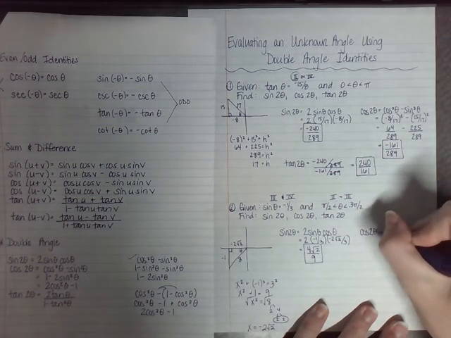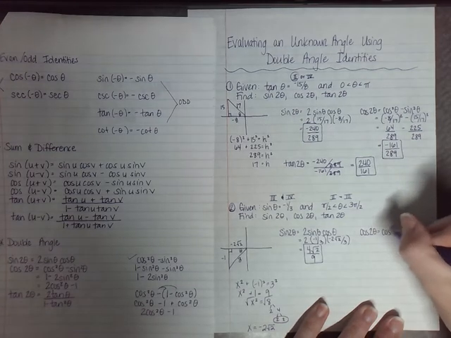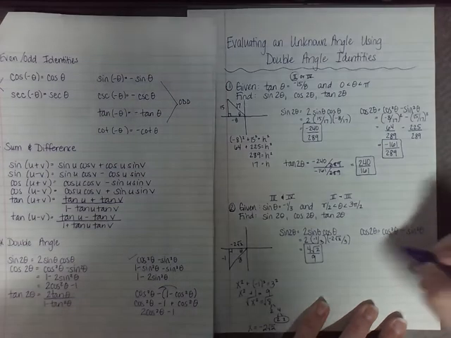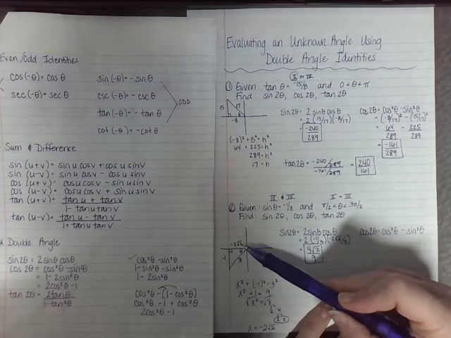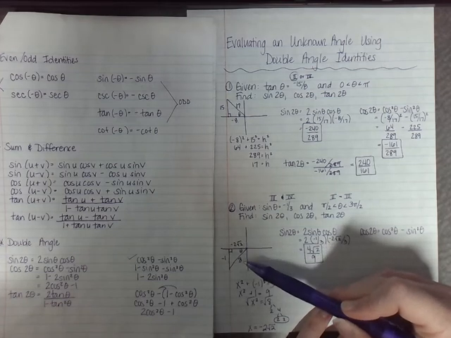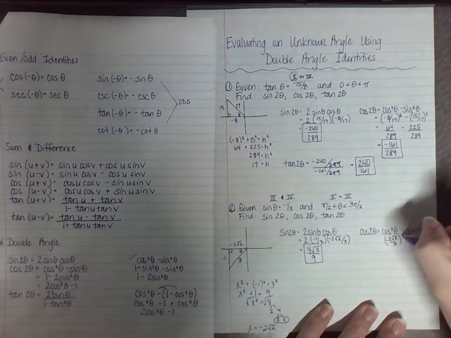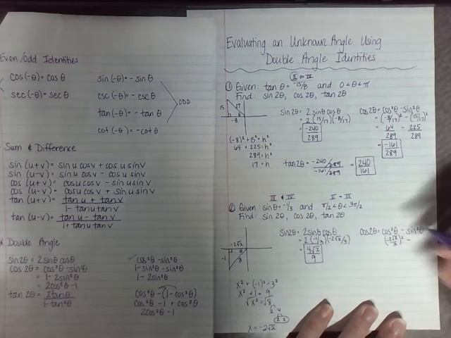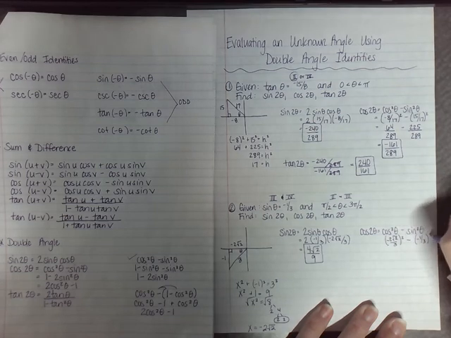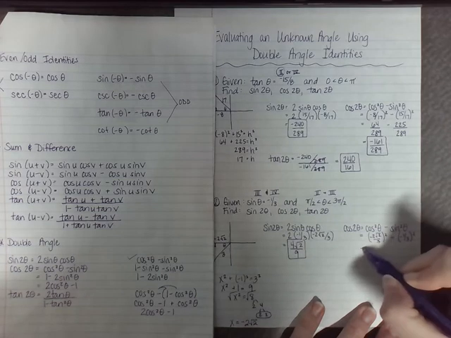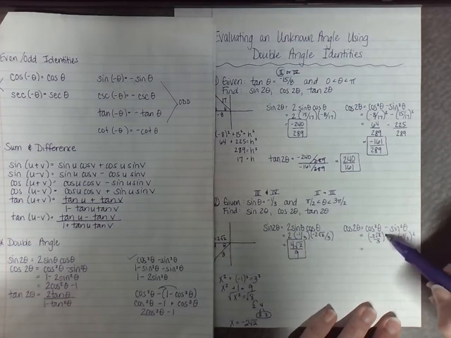Okay, cosine of 2 theta. We'll do cosine squared theta minus sine squared theta. Okay, so the cosine of theta was negative 2 square root 2 over 3. We're going to square that, and then the sine is negative 1/3, and we're going to square that. All right, now be careful when you square this portion. When we square a square root, it takes it off.